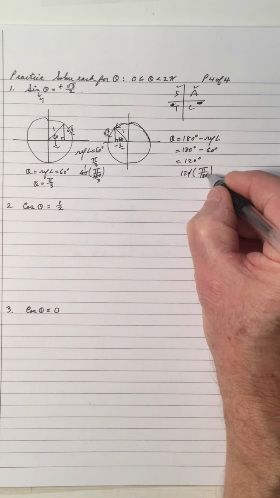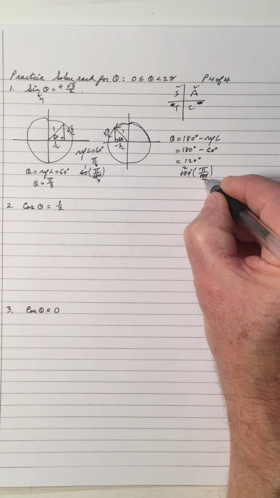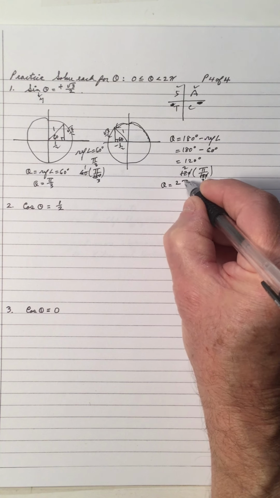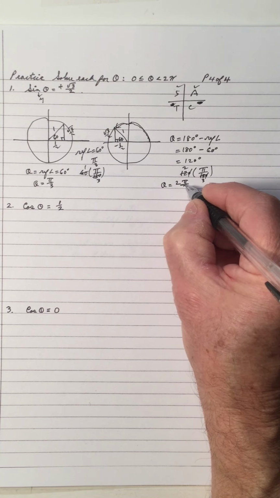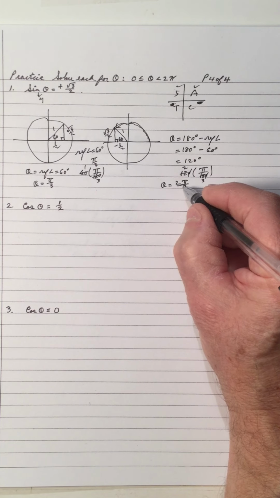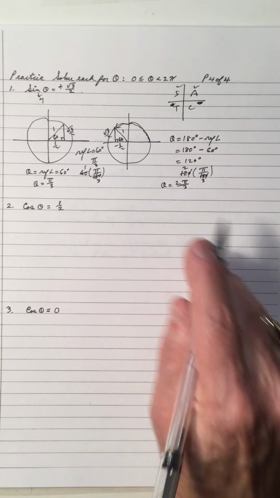Zeros cancel. 6 is 2. 6 divided is 3. So theta is 2 pi over 3. Pi over 3 is a 60. 2 times 60 is 120. So there's the two answers in terms of radian.